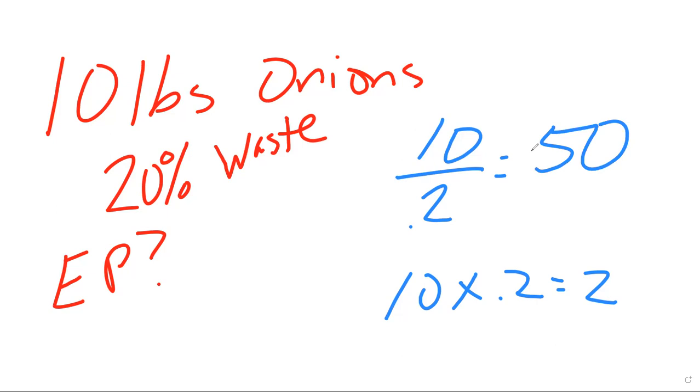So you can do both of them and then put your answer into the sentence, right? I have 10 pounds of onions and 20% of it is waste. That means 50 pounds is waste. Or I have 10 pounds of onions, 20% is waste, so that means I have 2 pounds of waste. So work it out both ways while you're still learning. Eventually you'll be like, oh, yeah, that's what I do.